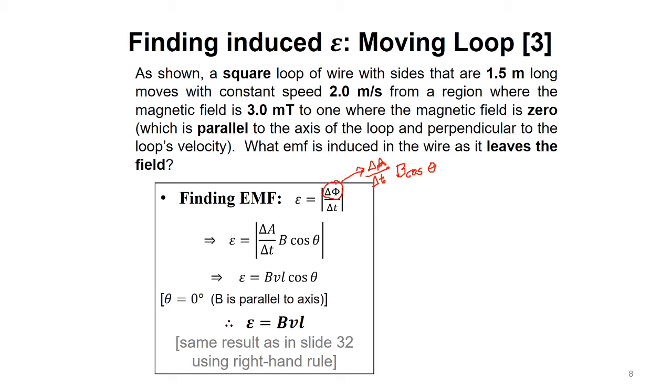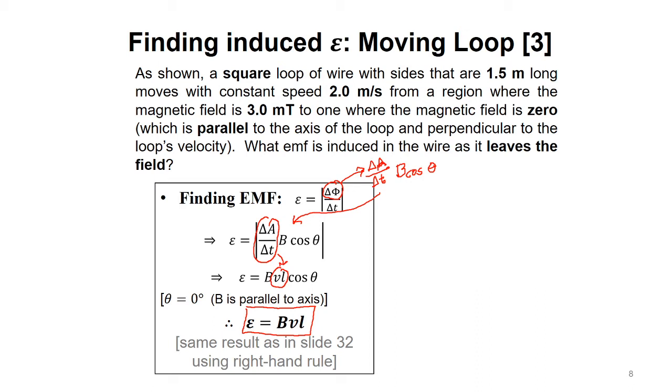So delta phi over delta t equals delta A over delta t times B cosine theta. We plug all this in and then plug in our numbers. For delta A over delta t, we replace it with L times v, like in the previous slide. And angle theta is going to be 0 degrees because the loop is flat on the ground and the field is pointing straight up or down. And we get this equation here.